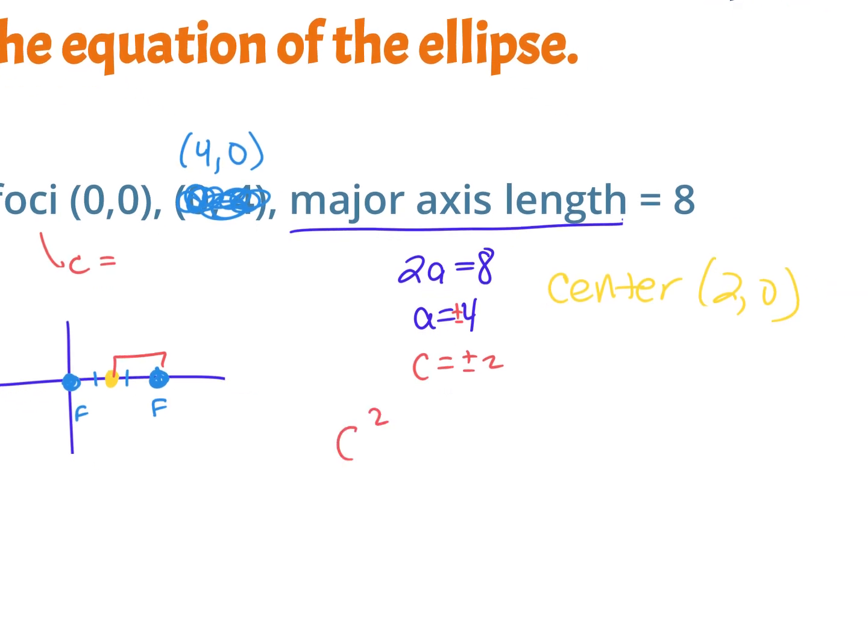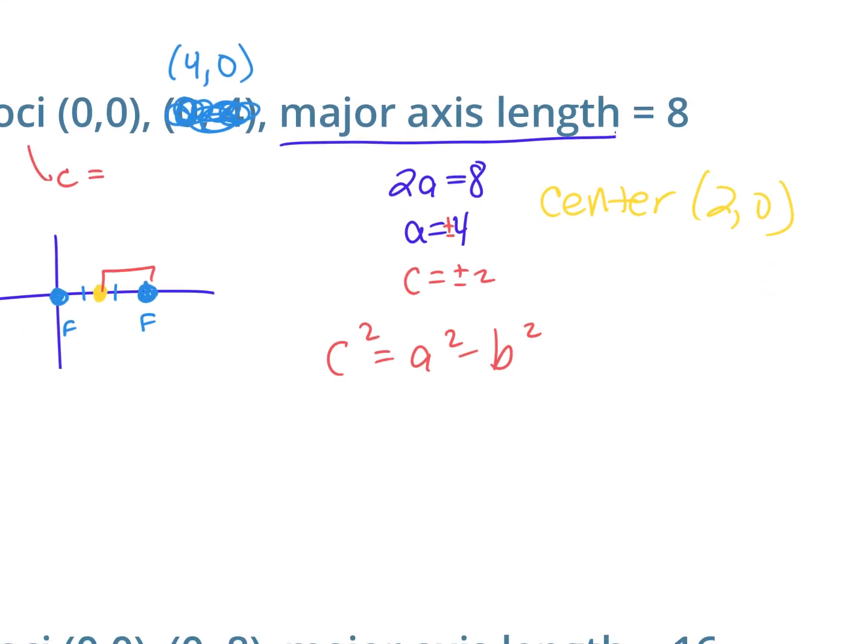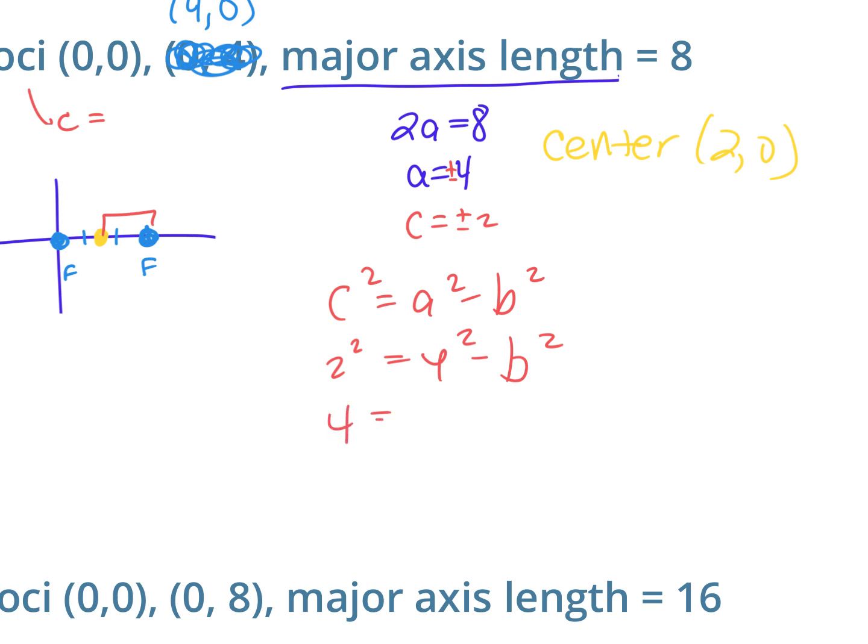Okay, so C squared equals what? What's the formula? C squared equals A squared minus B squared. Good. So 2 squared is, well, I'll write it out. You guys with me? 2 squared is 4. 4 squared is 16 minus B squared.